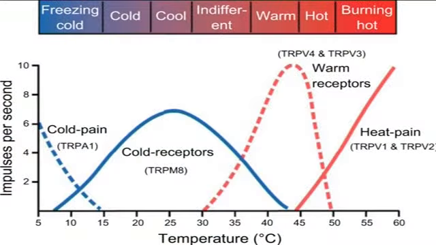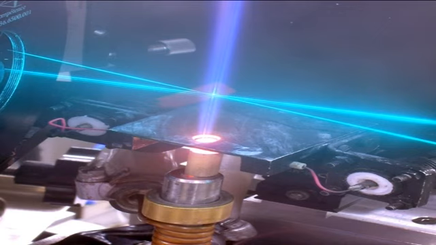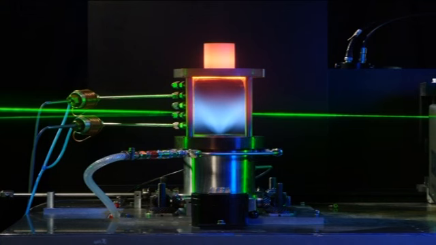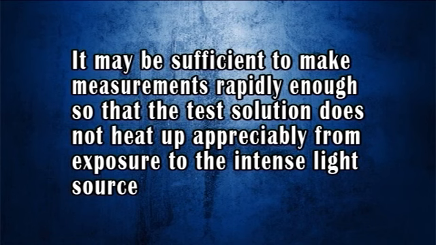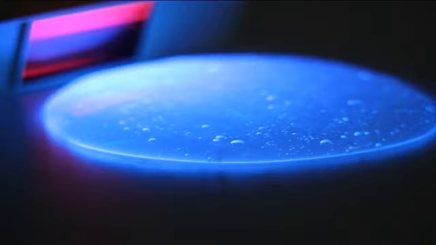Temperature regulation is often important in fluorescence spectrophotometry. For some substances, fluorescence efficiency may be reduced by as much as 1 to 2% per degree of temperature rise. In such cases, if maximum precision is desired, temperature controlled sample cells are essential. For routine analysis, it may be sufficient to make measurements rapidly enough so that the test solution does not heat up appreciably from exposure to the intense light source.